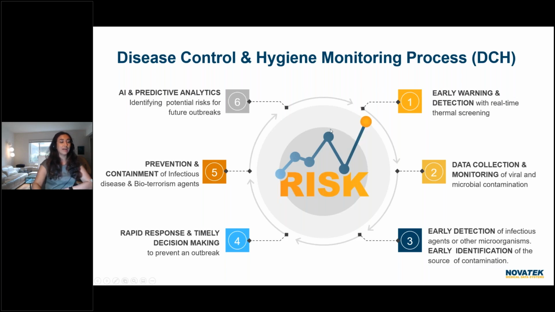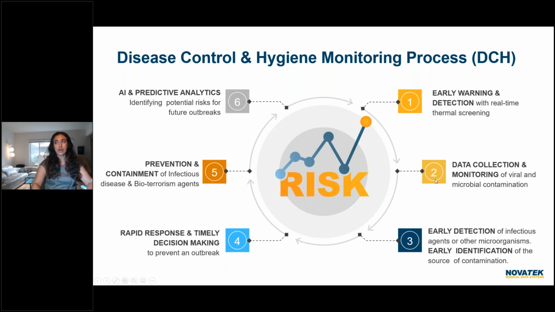We talked about that in our first DCH Got 15 webinar, which will be linked below, so you can click on it and watch that video. It explains how thermal cameras monitor incoming traffic into the hospital, both for fevers as well as high traffic counts, to give you alerts when higher than normal populations are coming in, in order to take action.